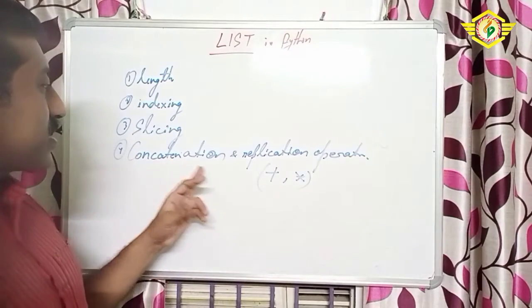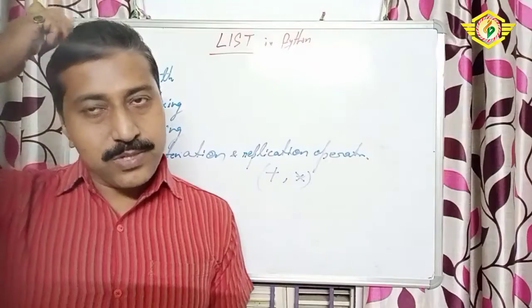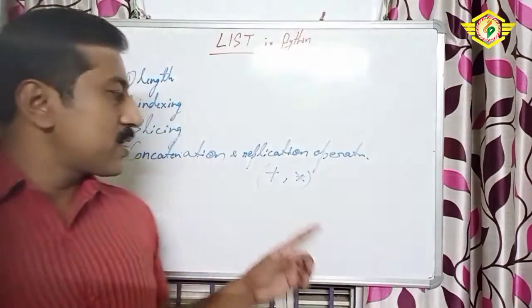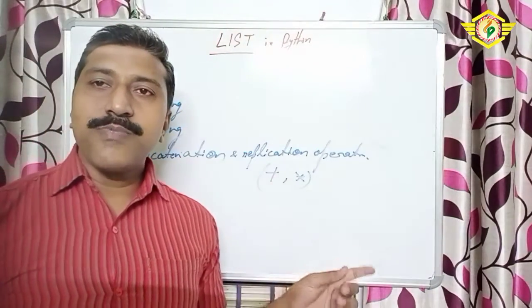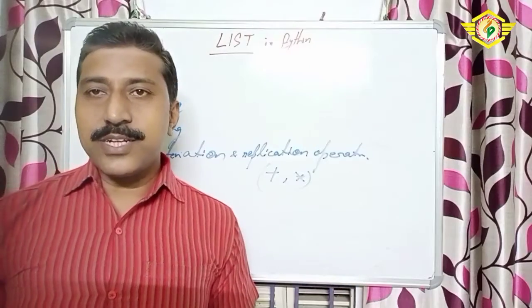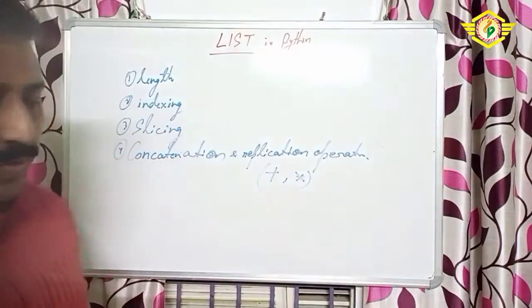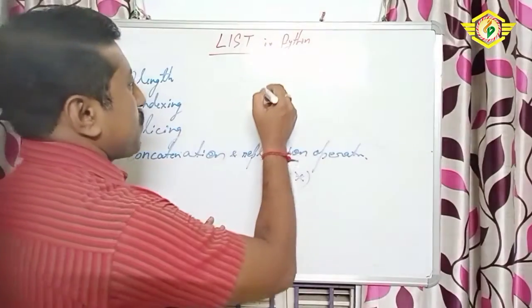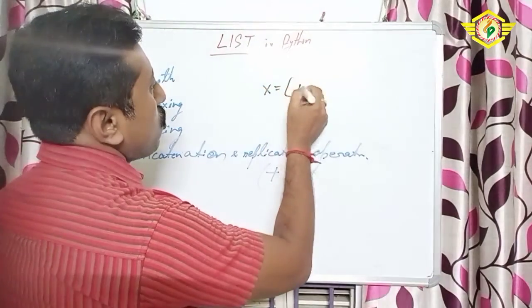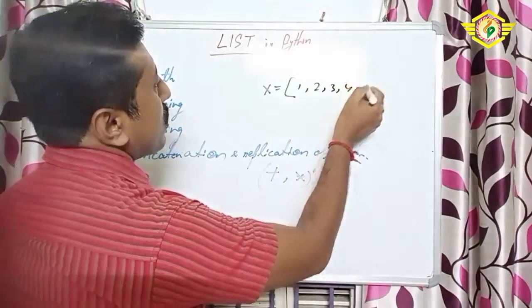We can also use concatenation and replication operators. That means we can join by using the plus operator, or replicate by using the multiplication operator. Suppose I write x equal to 1, 2, 3, 4, 9.